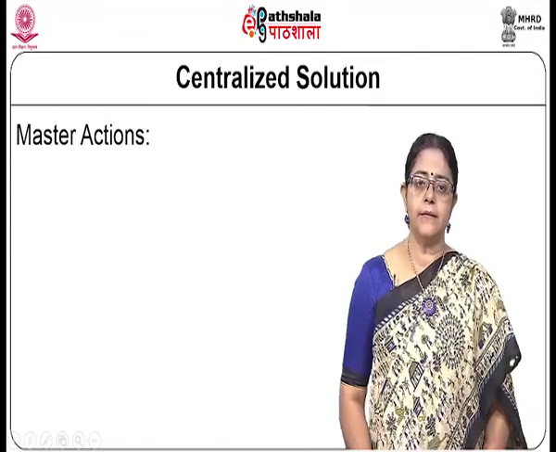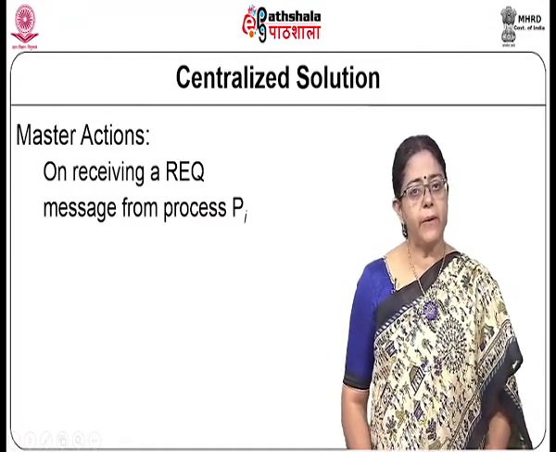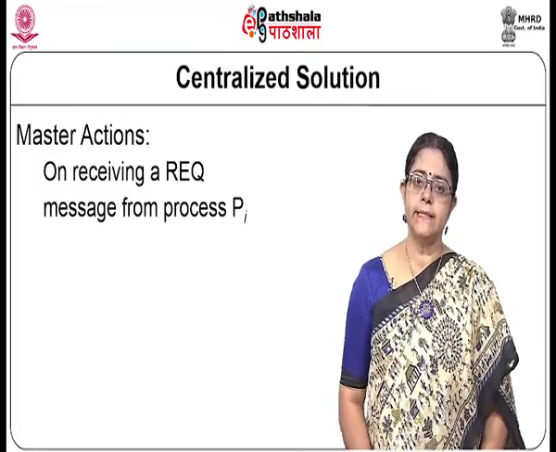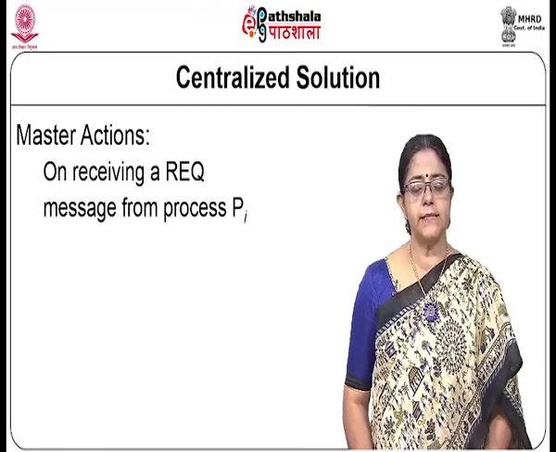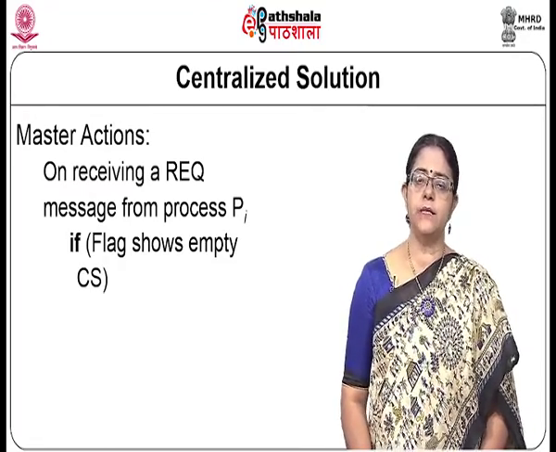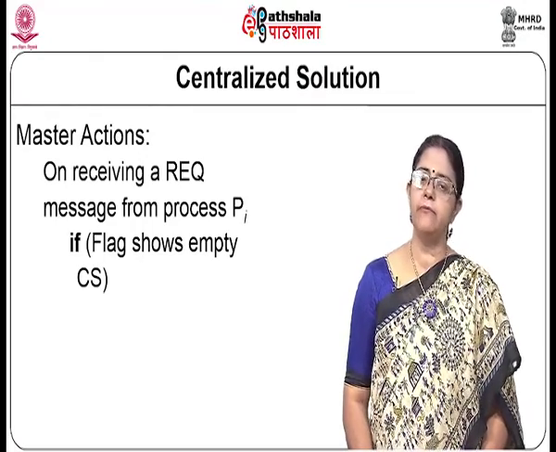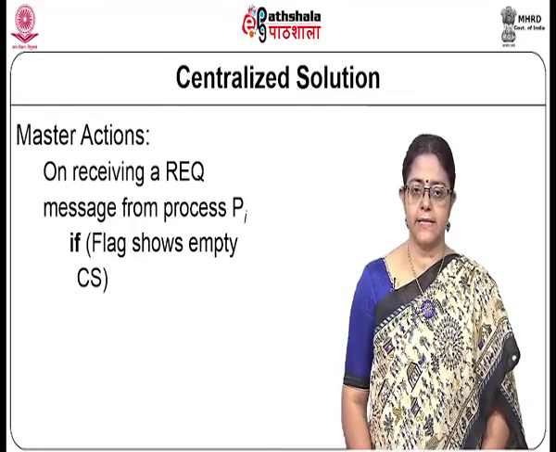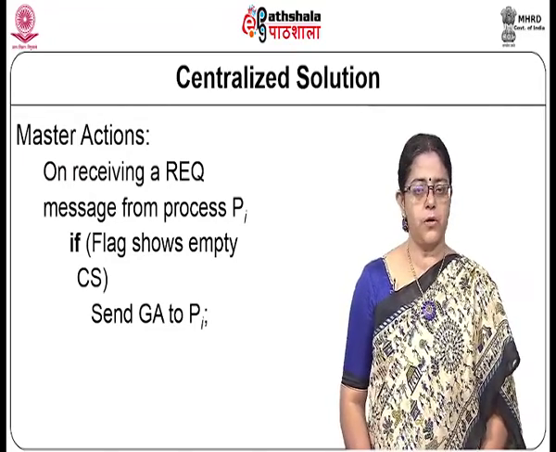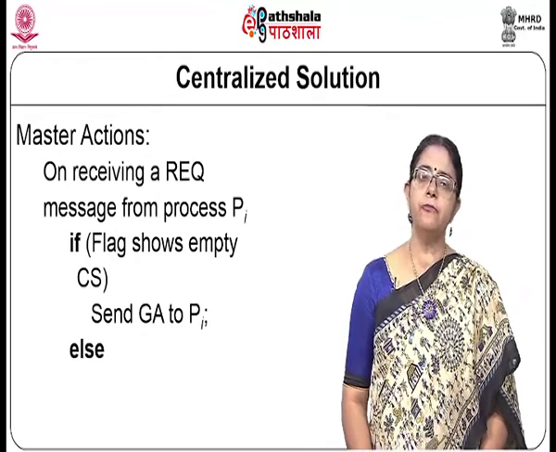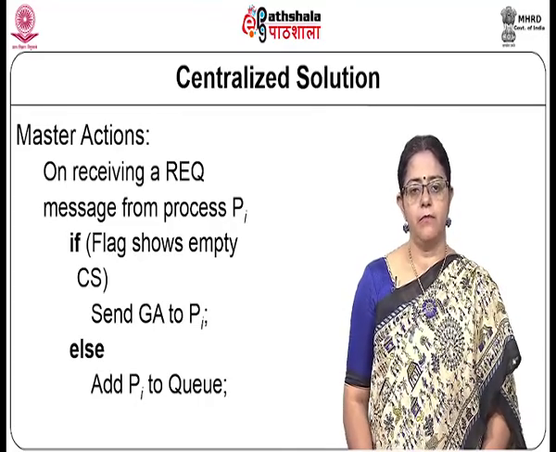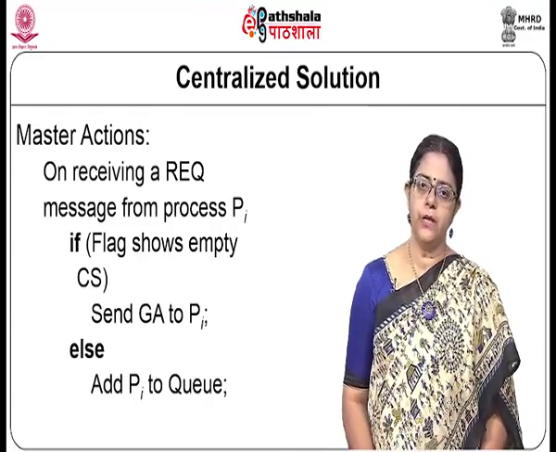The master, on the other hand, will be waiting for a request message to be received. When it receives a message from, say, some process Pi, it will look at the flag to see whether the CS is full or empty. If the flag says that CS is empty, it will simply send a go ahead message, GA message, to the requesting process Pi. If the flag says it is full, then it will put the value of that Pi into the queue.